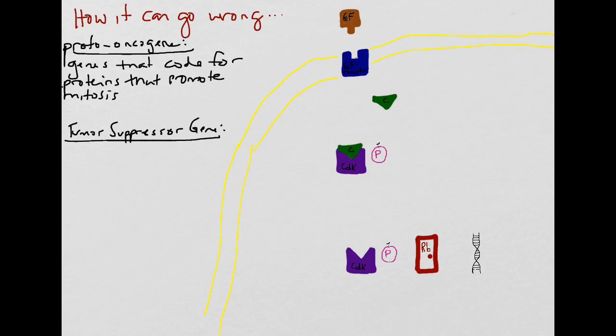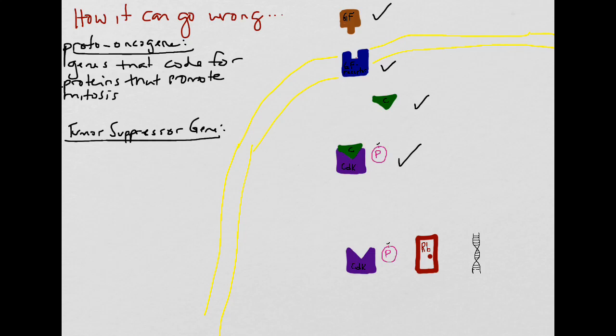So like I said, the growth factor receptor, cyclin-dependent kinase, RB, those are all proteins. Well, RB doesn't promote it. We'll erase him. These are proteins, and the growth factor as well, that promote mitosis. They promote it.